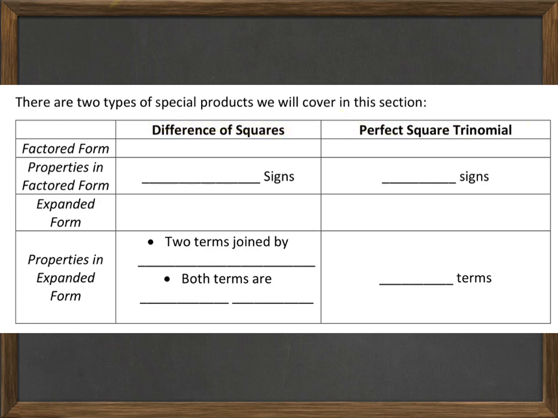In factored form, a difference of squares looks like a plus b times the quantity a minus b. Notice that there are opposite signs in the two sets of parentheses. If we were to expand, distribute, or multiply a plus b times the quantity a minus b, we will get a squared minus b squared.